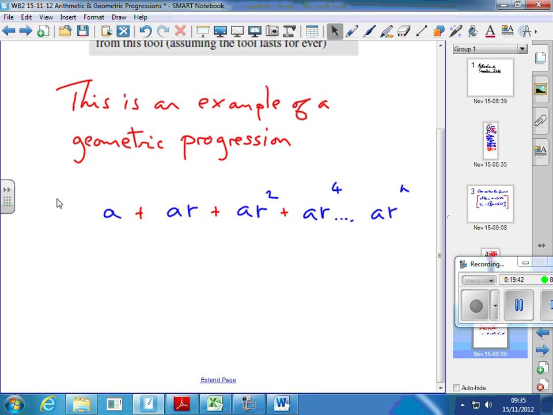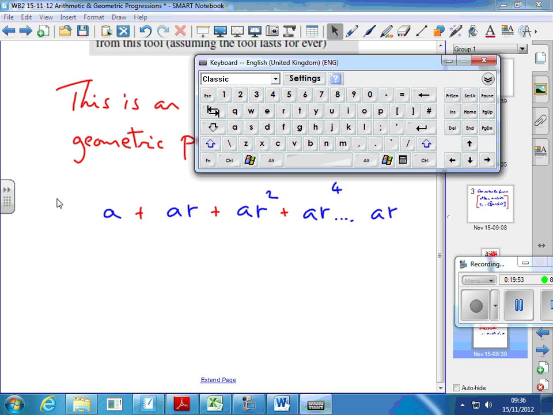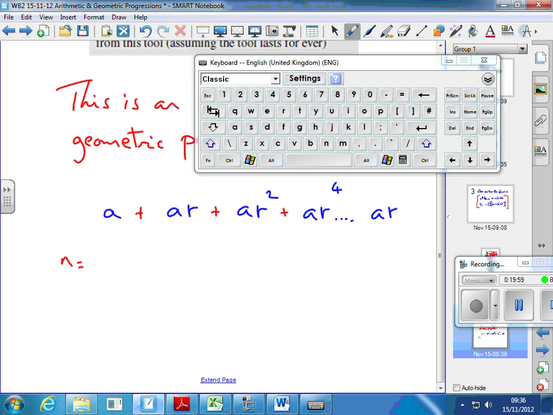We can predict. So we get to the first term: n equals 1, n equals 2, n equals 3, n equals 4.